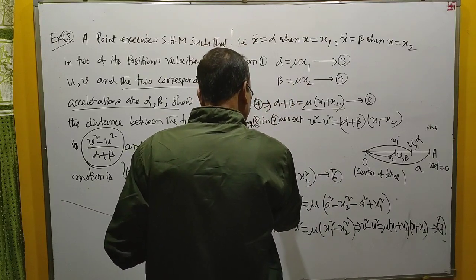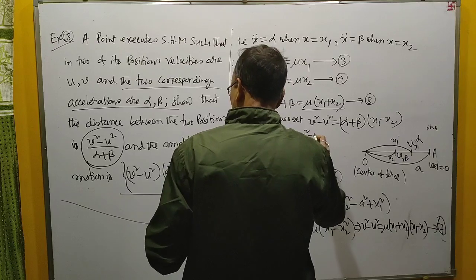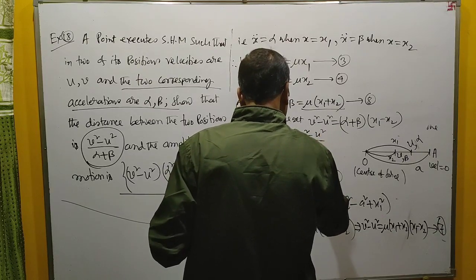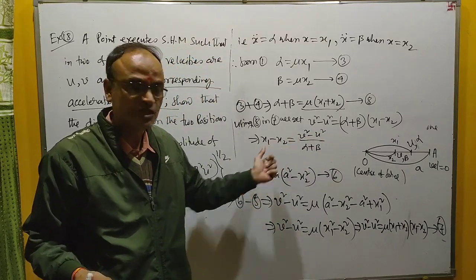This means x1 minus x2 equal to v square minus u square divided by alpha plus beta. What is x1 minus x2? The distance between the two positions.